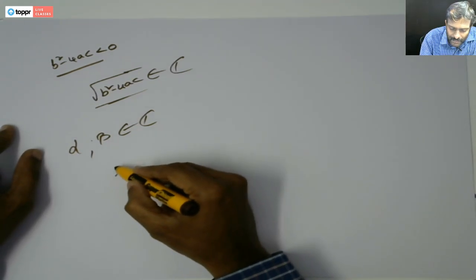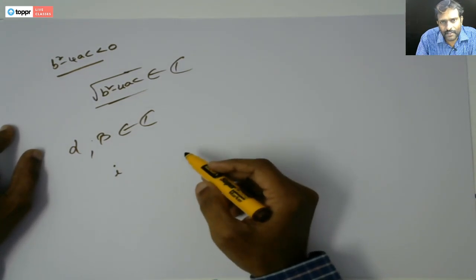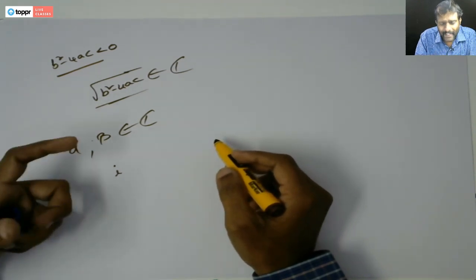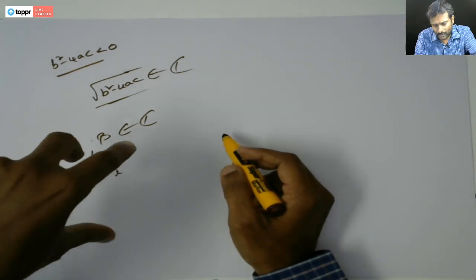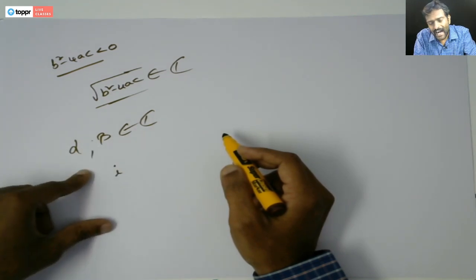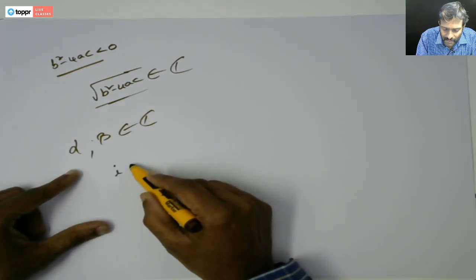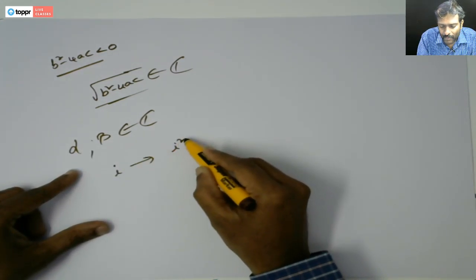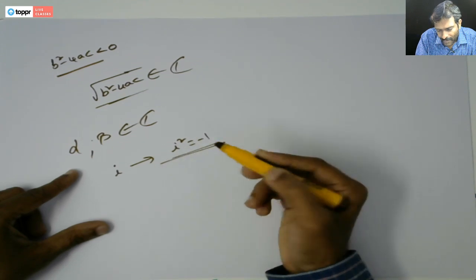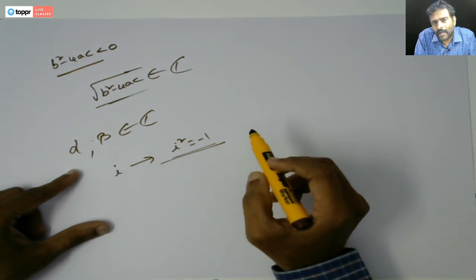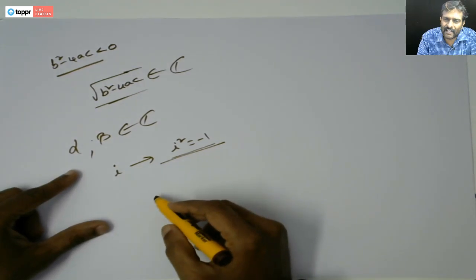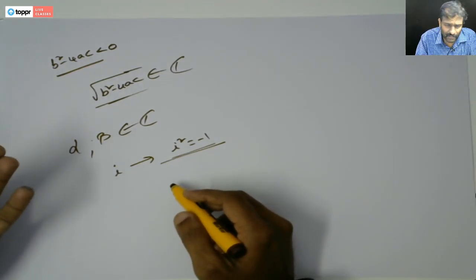Imaginary number is nothing but i is an imaginary number. Not only i, there are so many imaginary numbers, but let us talk about the simple imaginary number first, which is i. i is defined in such a way that i square equals minus 1. Can we have a number whose square is a negative number in our real numbers?